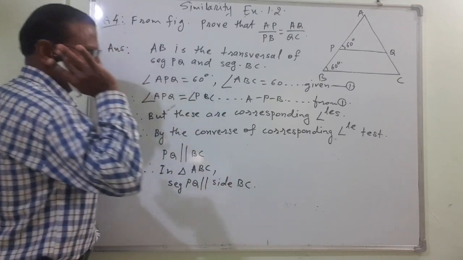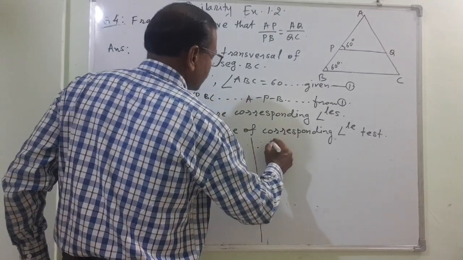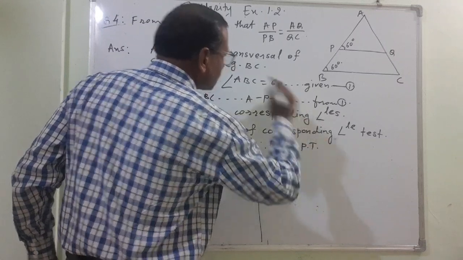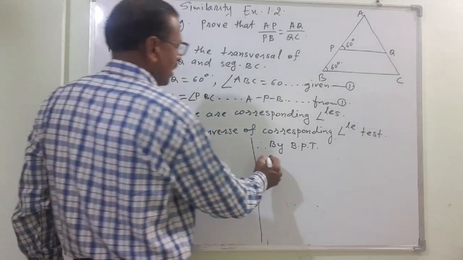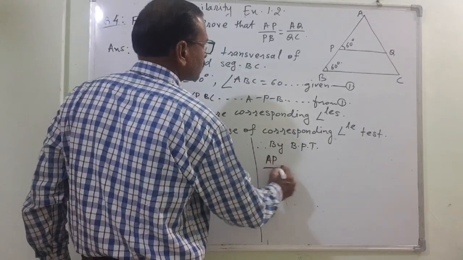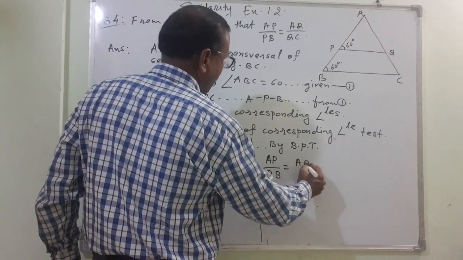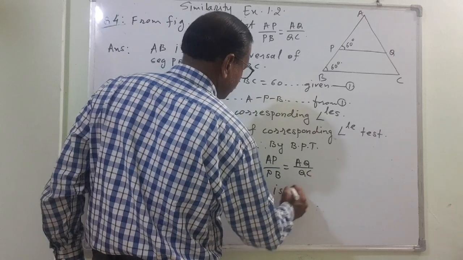This I have got. Therefore, by BPT, I know AP upon PB is equal to AQ upon QC, which is proved.